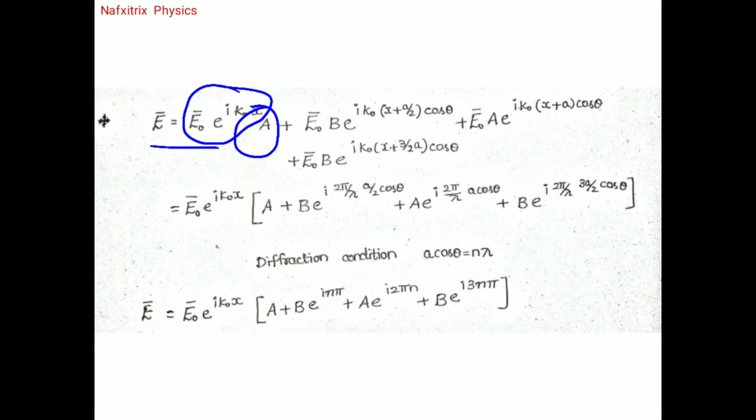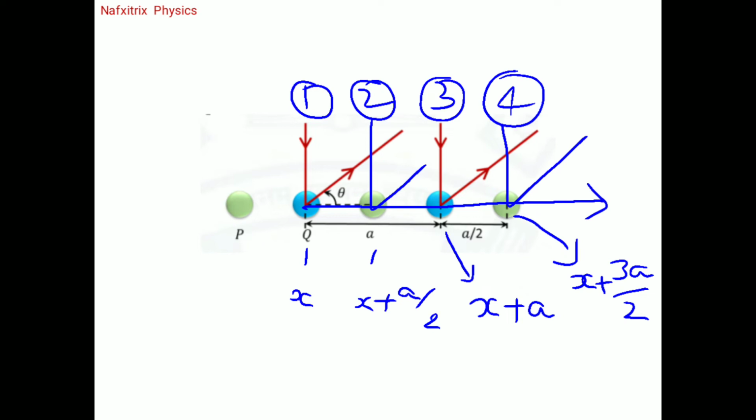This is scattered by the first atom, which is this sky blue one. The scattering produced by this atom is represented with a constant A, and the scattering produced by the green atoms is represented with a constant B.